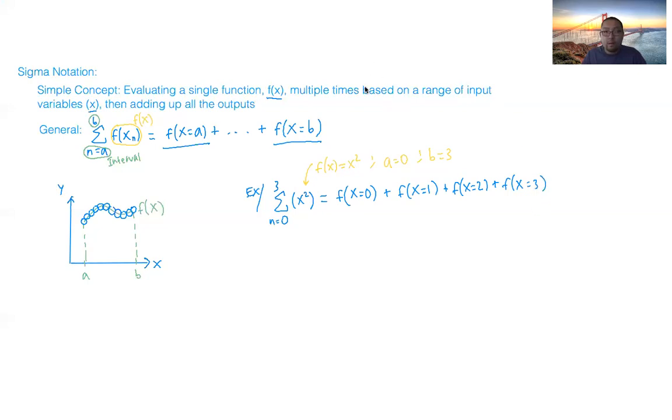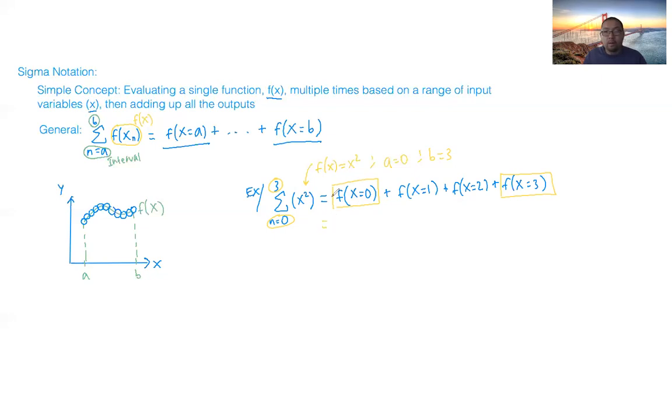Always remember that the first term where you evaluate your function is this lower value, and the last x value at which you evaluate is this upper value. In this case, all we have to do is simplify.